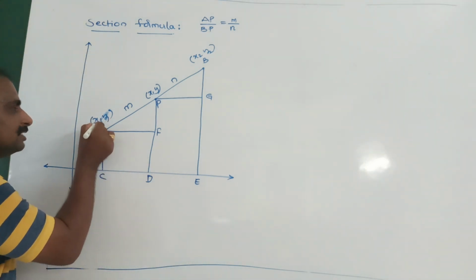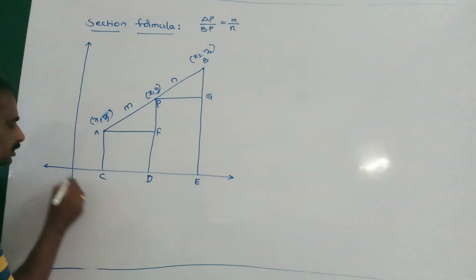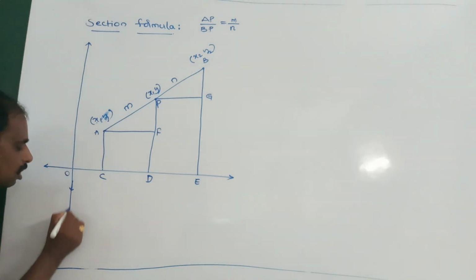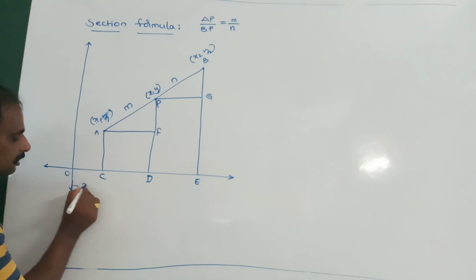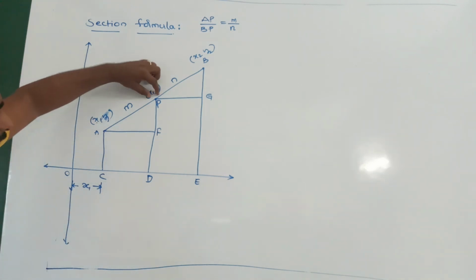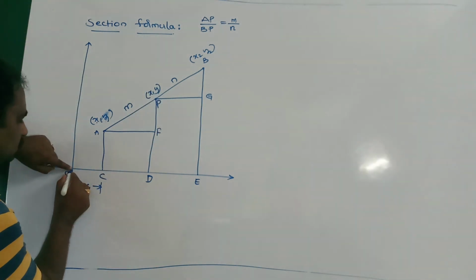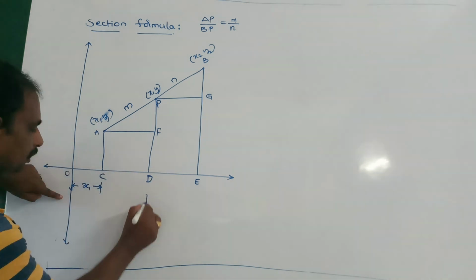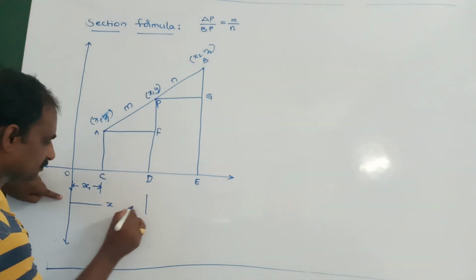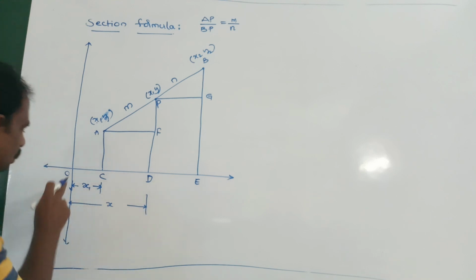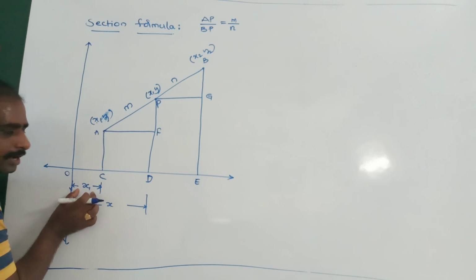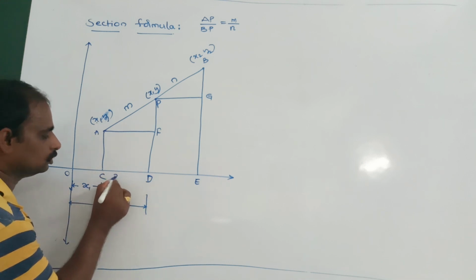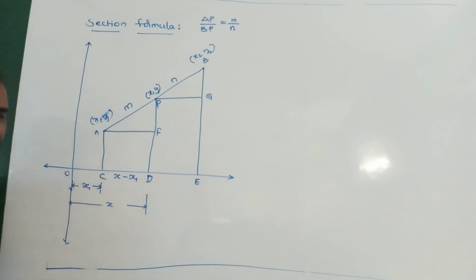Here clearly the point is x1 comma y1, which means the distance from O to C is x1. The point x comma y means the distance from O to D is x. O to D is x, O to C is x1, then CD becomes x minus x1.